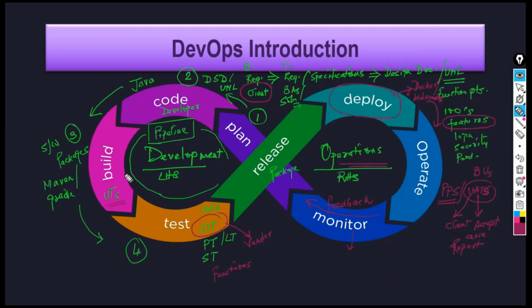This will again be built, again be tested, again be released, again be deployed, again be operated, and go through user acceptance testing. This cycle will go on and on till you achieve 100% acceptance from the client or the business users, BUs.